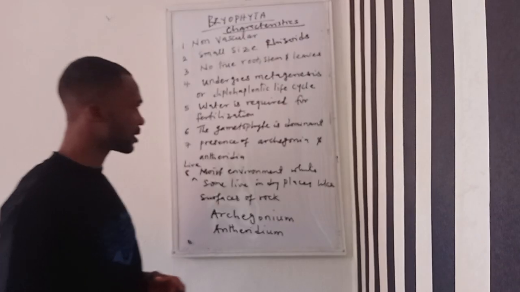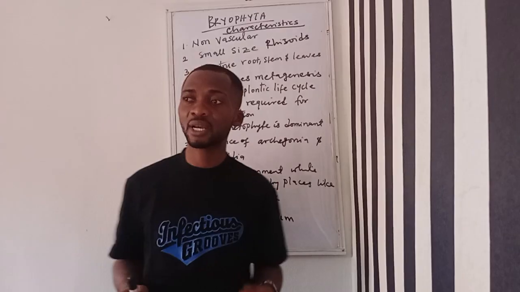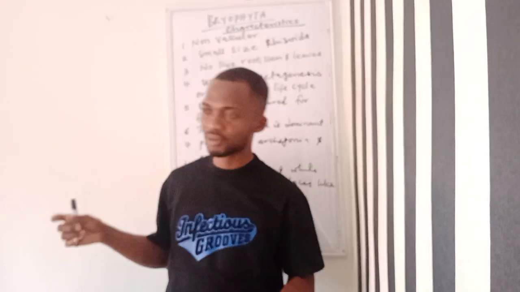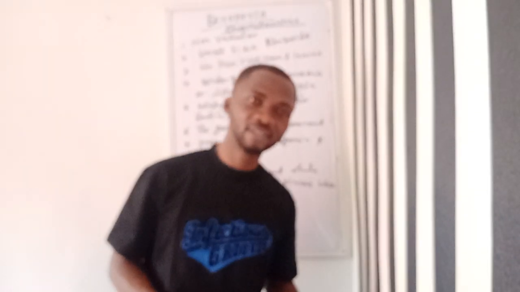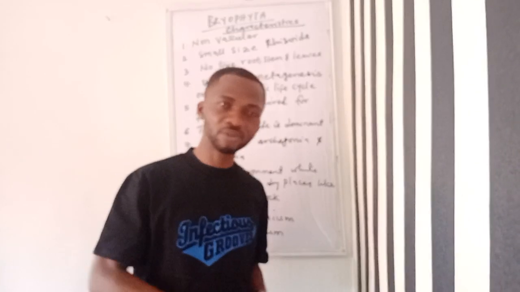The gametophyte is dominant. And this is another difference that I omitted. Another difference between Bryophyta and pteridophyta. In the case of pteridophyta, the gametophyte is dependent on the sporophyte, but the reverse becomes the case in Bryophyta. In Bryophyta, the sporophyte is dependent on the gametophyte.